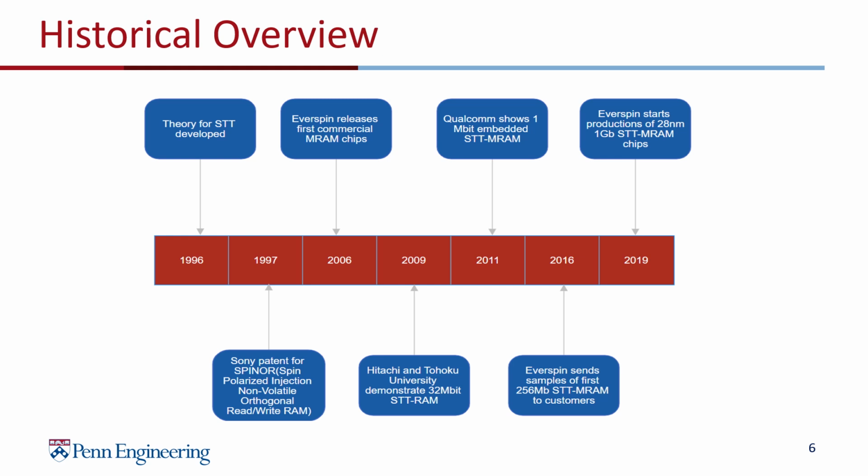In 2019, Everspin began production of 28-nanometer 1-gigabit STT-MRAM chips. And currently, IBM, Samsung, Everspin, Avalanche Technologies, and other companies are developing STT-MRAM chips.